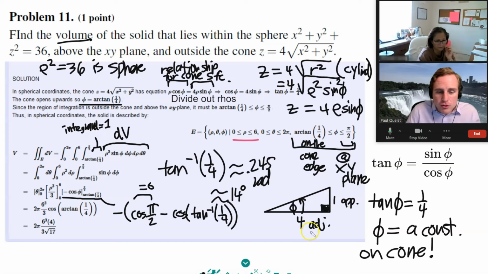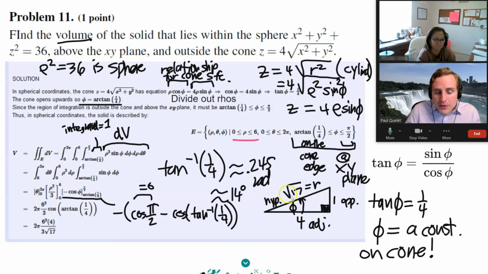No sweat. Basic trigonometry. But it turns out that we can solve for the hypotenuse using the Pythagorean theorem. So 4 squared is 16, 1 squared is 1, and then the square root of that is the square root of 17. So do you see how I got that for r? Does that make sense?